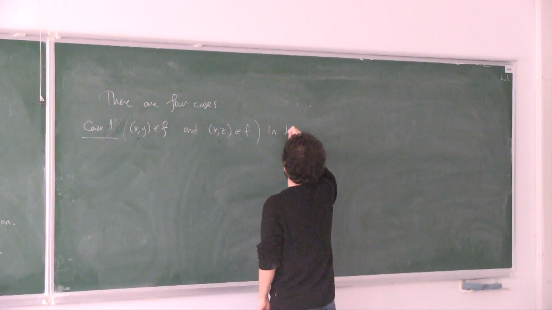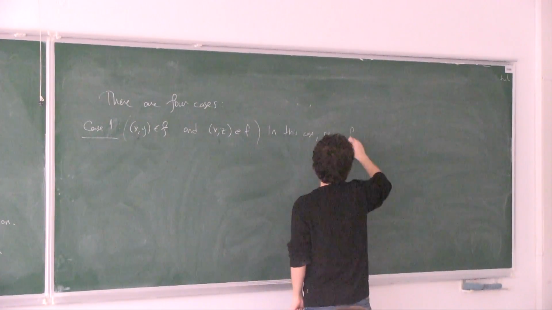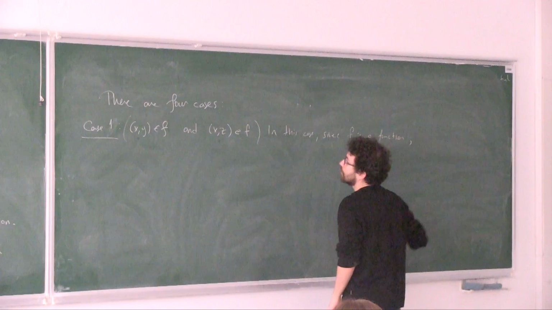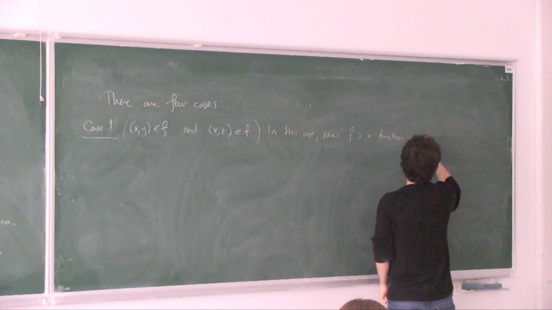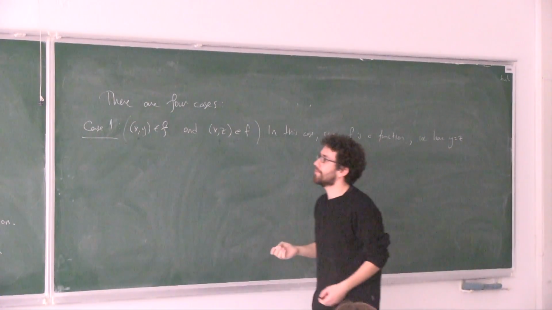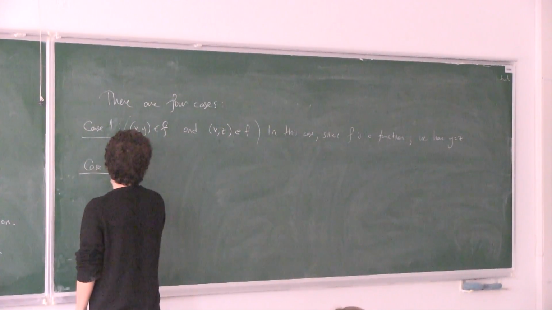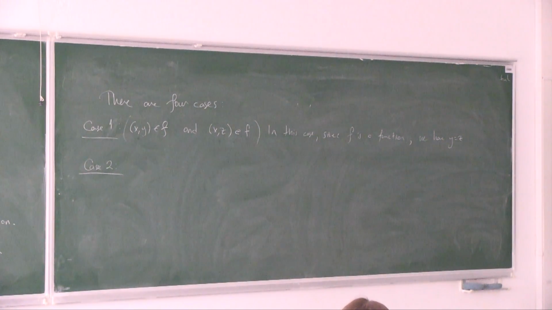In this case, since f is a function, y equals z, because I just used the fact that f is well defined, okay? Case 2, or do I want to split into more cases than this?